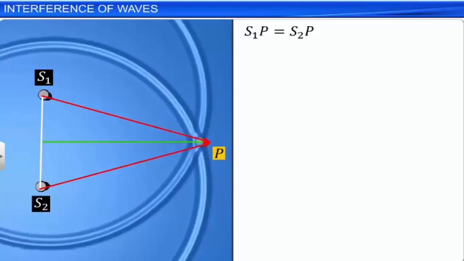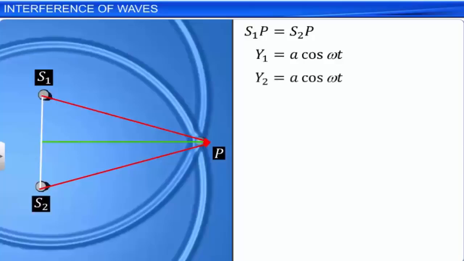If the displacement produced at P due to the waves generated at the source S1 is given by the equation y1 is equal to A cos omega t, then the displacement at P due to the waves from S2 can also be represented by y2 is equal to A cos omega t.